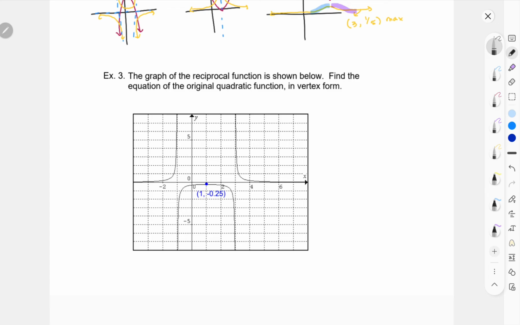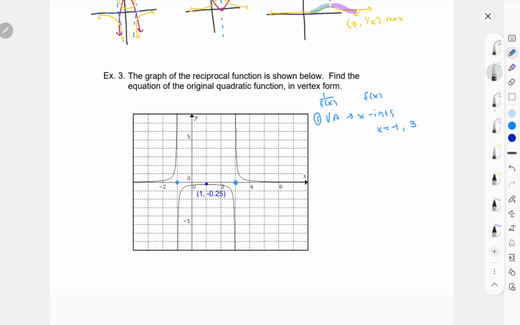So just like before, I can reverse engineer this process and tell you my original quadratic function, as long as I follow those guidelines, that my vertical asymptotes are my original function's x-intercepts. Right? This is on my reciprocal function. This would be on my regular function. So this thing has x-intercepts at -1 and +3.